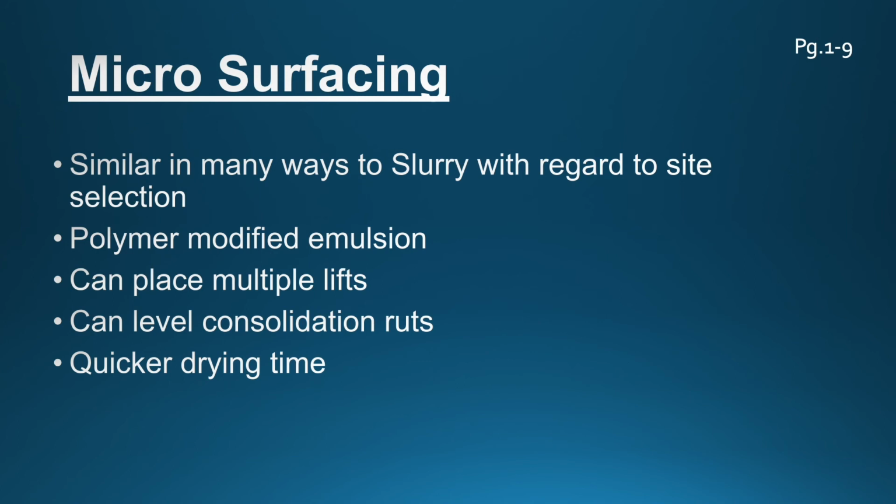You need to be very careful with rut selection and what criteria actually are required to be able to qualify as a rut that can be leveled and filled with the microsurfacing. And due to the chemistry, the microsurfacing will dry a bit quicker than your conventional slurry seals.